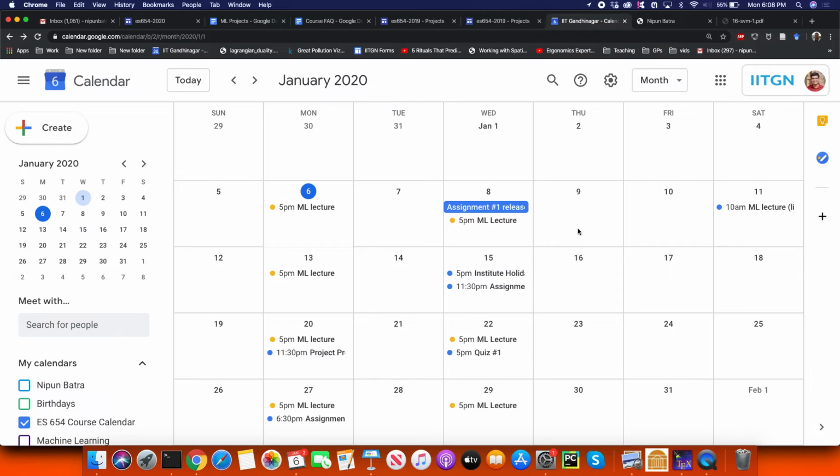And if you can see carefully, 8th is the next class. The first assignment will be released on the next class itself, the deadline of which will be on 15th, exactly a week from now. There are other aspects of this which we'll see later. But one thing which has been done very thoughtfully is to evenly space out all the assignments, quizzes, etc. And this is available to you upfront right now.